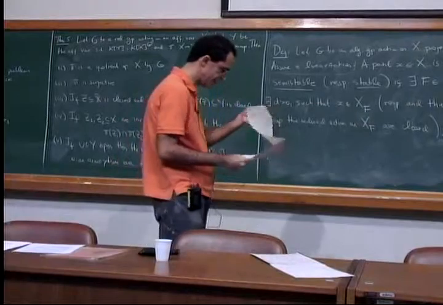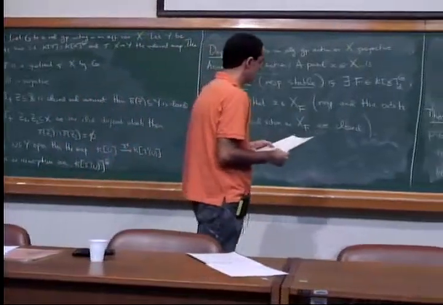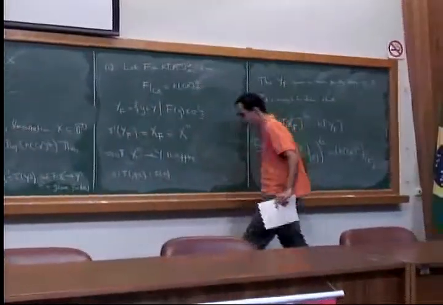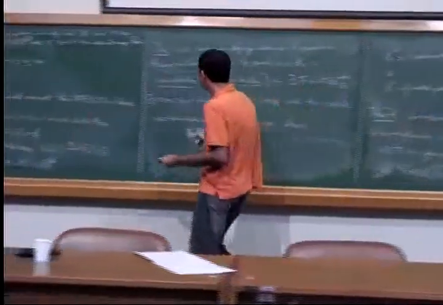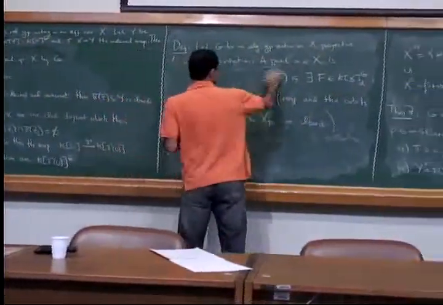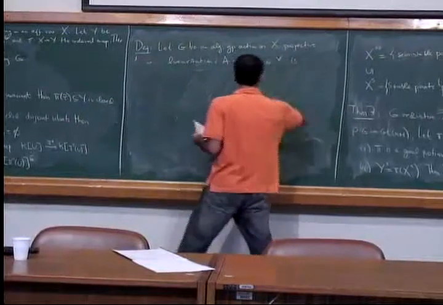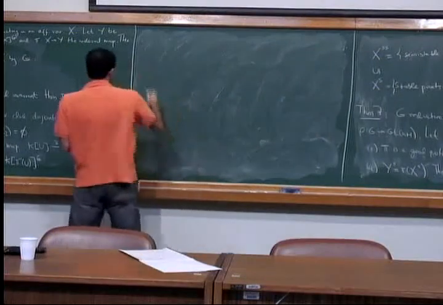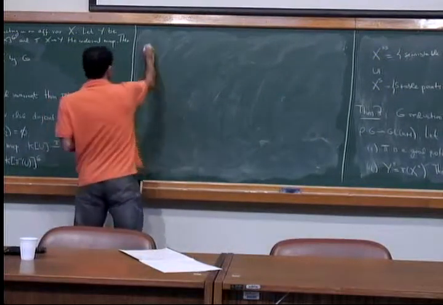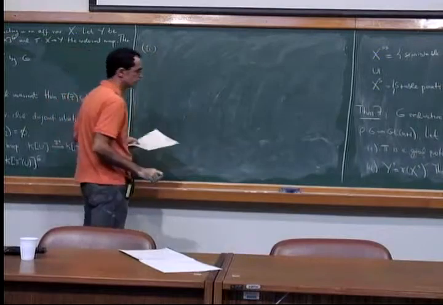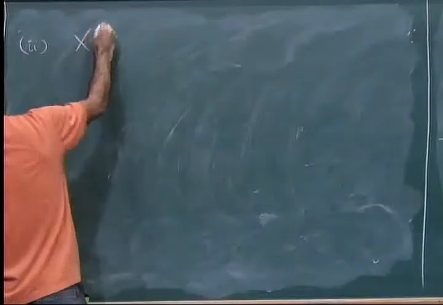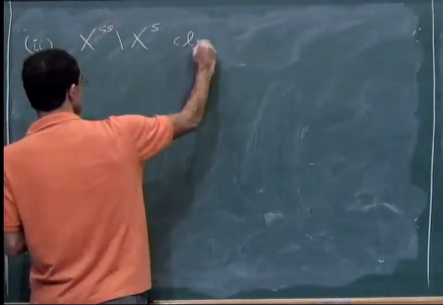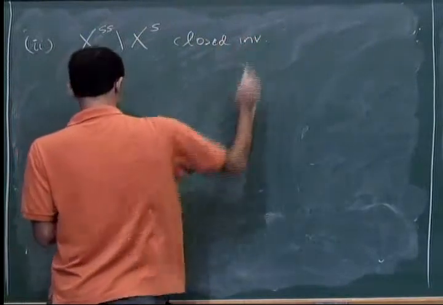Now let's see if I can prove 2. But I will leave a proposition out, and I'm going to do the proposition next time. So let's prove 2. This is not difficult. In fact, when we remove XS from the semi-stable locus, this is closed, invariant, right?